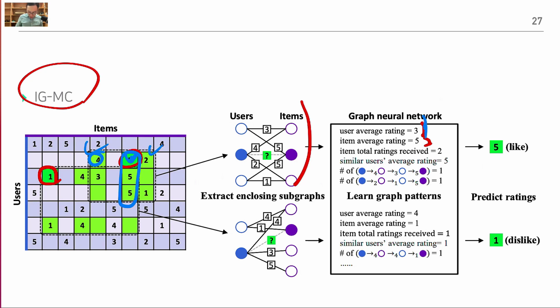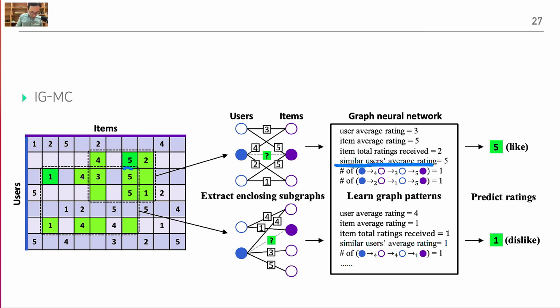So 3, we get this. And the item total rating is 2. The similar user's average rating is 5. So this is from the subgraph.